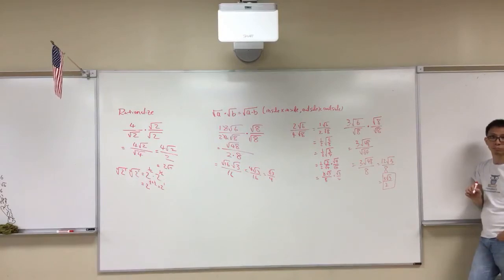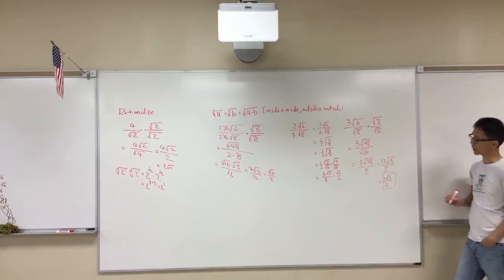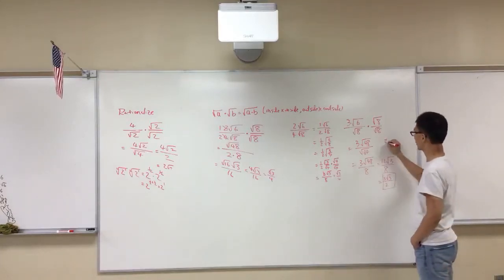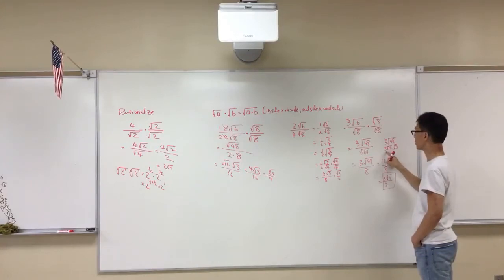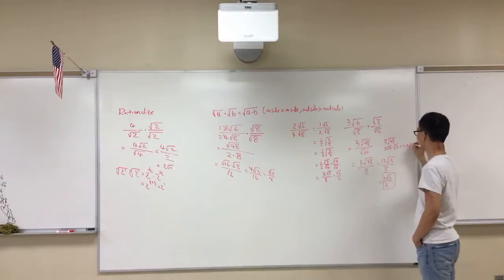How do you get from 3 square root of 48 to 12 square root of 3? Okay, so that's a good question, right? 3 square root of 48, that's equal to 3 times square root of 16 times 3. And square root of 16 is 4, 4 times 3 is 12. So it'll be 3 times 4 square root of 3, that's equal to 12 square root of 3.